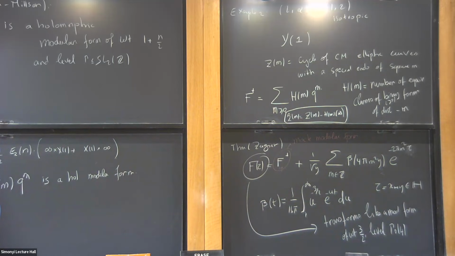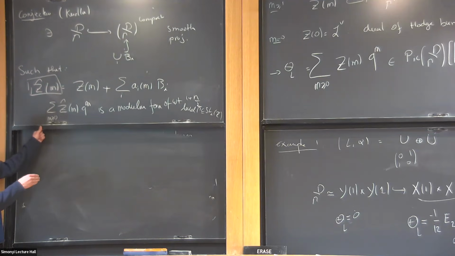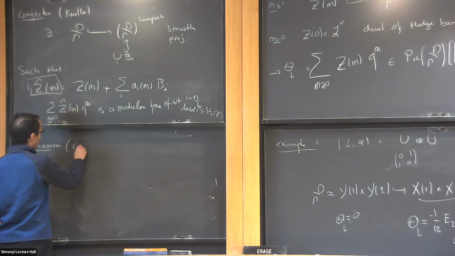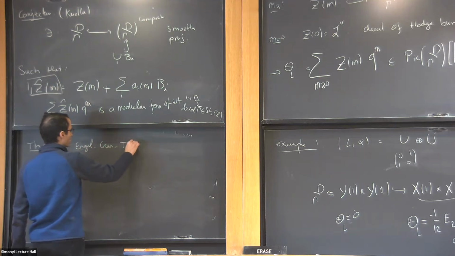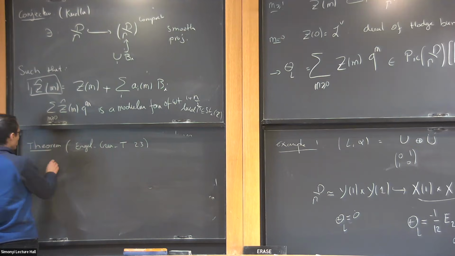Okay, so the general answer I will give today shows that the behavior is going to be a mixture of these two examples. So the theorem, and this was with Engel and François Greer, is that this conjecture is true.